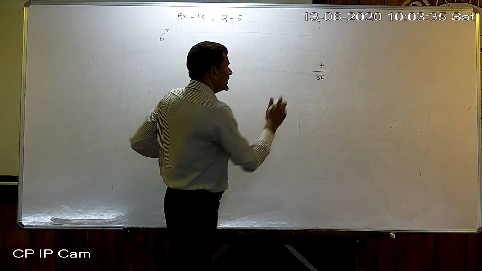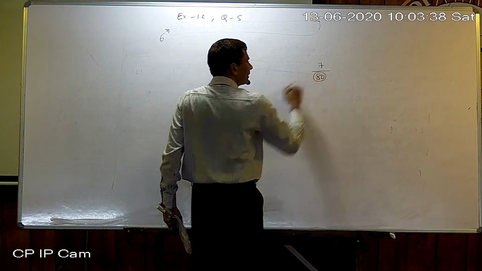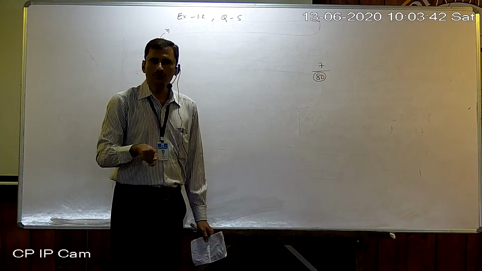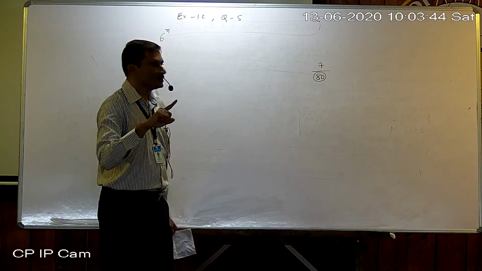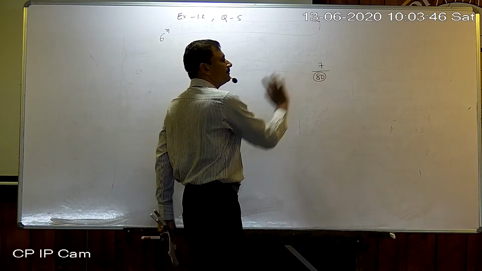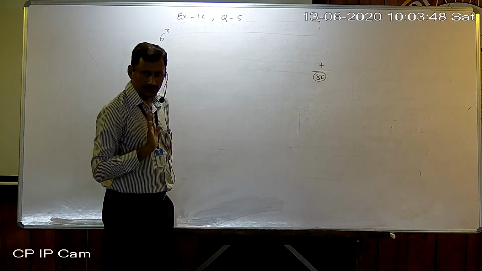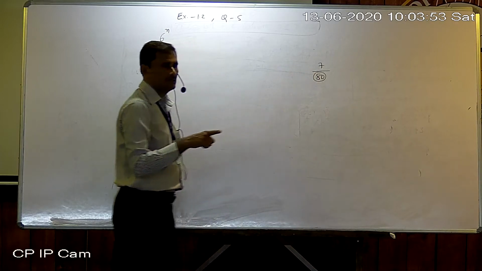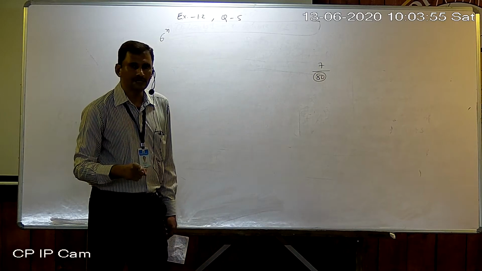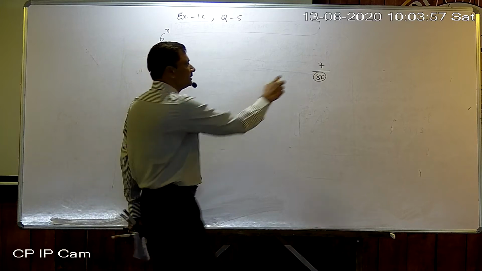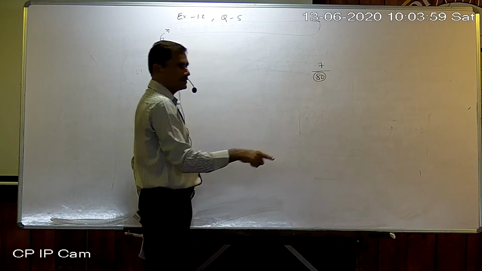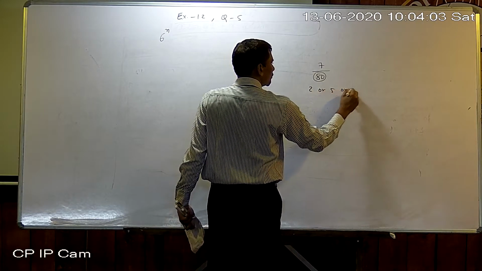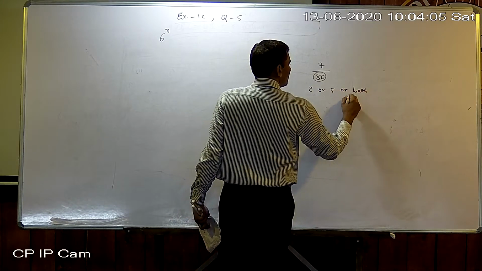At that time, our condition was that in the denominator there is either 2 or 5 or both, but nothing apart from 2 and 5. At that time we were deciding whether its decimal expansion is terminating or not, and that number was in the denominator. So either 2 or 5 or both, but no other.